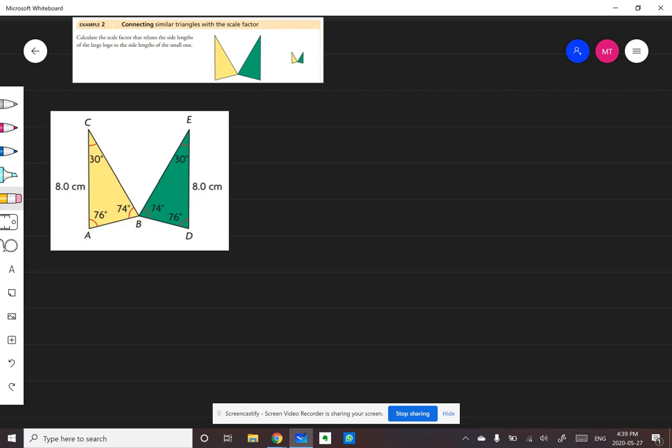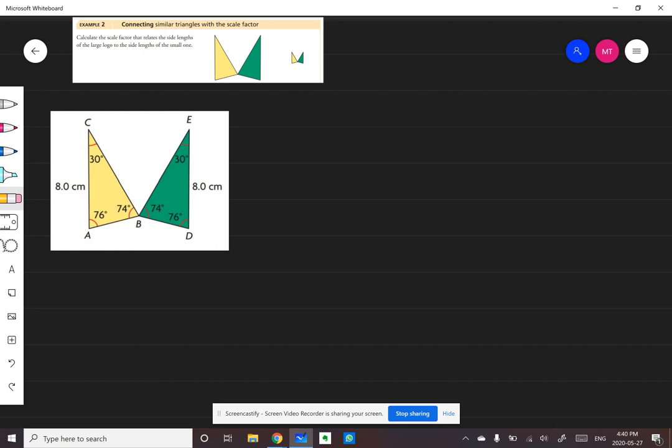And the second large triangle we've labeled as BDE with the respective angles, and again, one side is 8 centimeters.